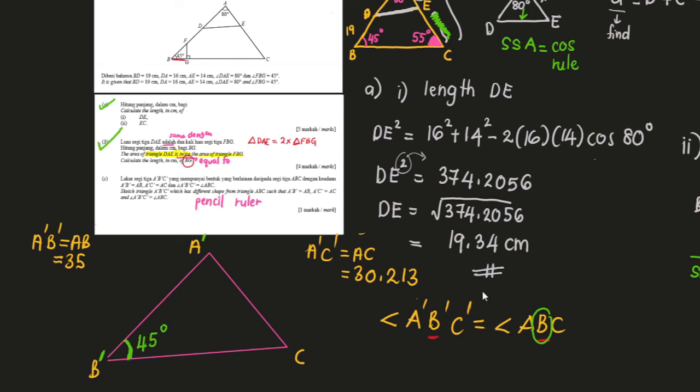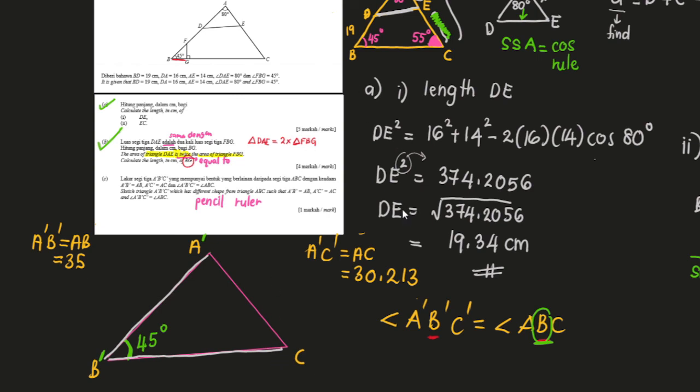The 45 degrees is already there, they already tell the angle must be the same, right? So that means for A and B, I cannot change the position of the line already. Then you look at B and C. B and C also you cannot change the position already. So A, B remain there, B to C remain there. You cannot do anything, you just leave it there.